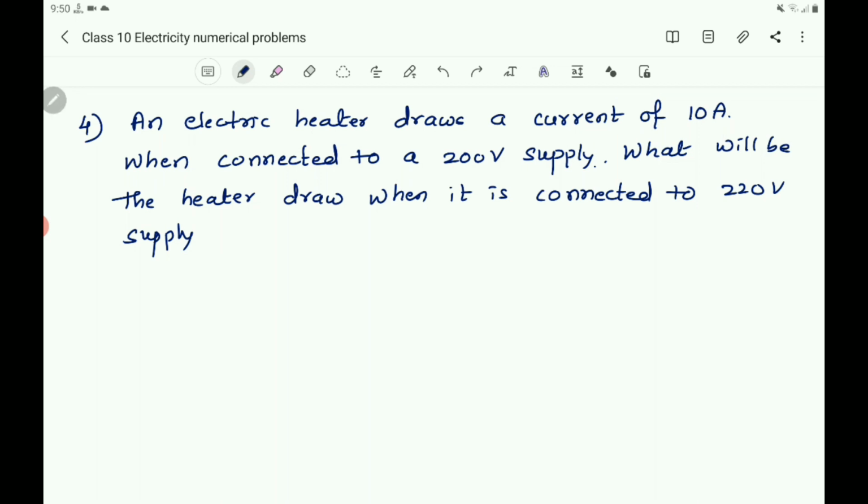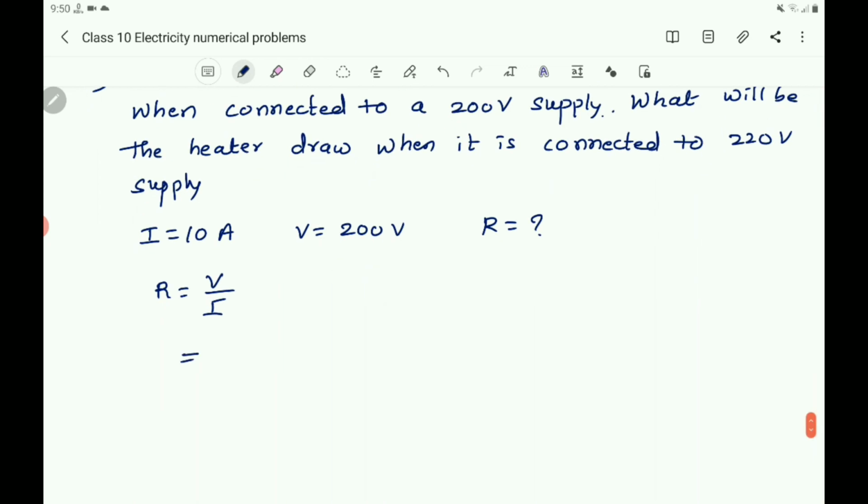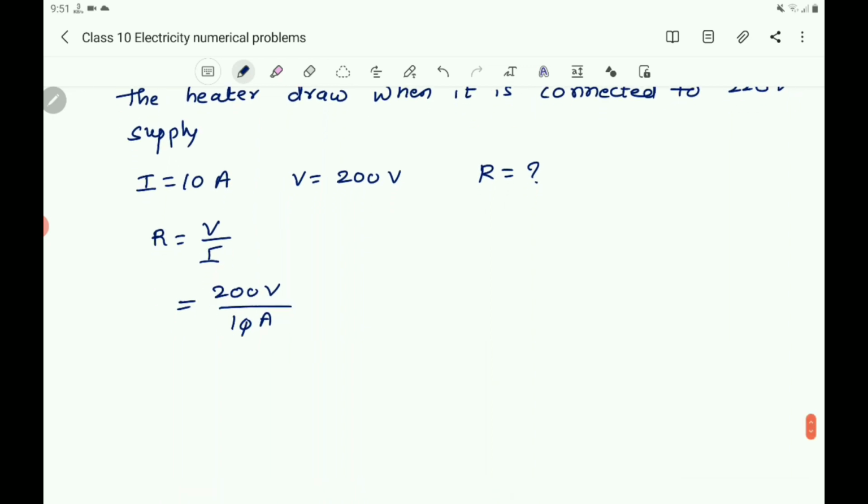In the first case, I equals 10 amps, V equals 200 V, and R equals question mark. Then you write the formula for R. R equals V by I, that equals 200 volts by 10 amps. So you will get 20 ohms.